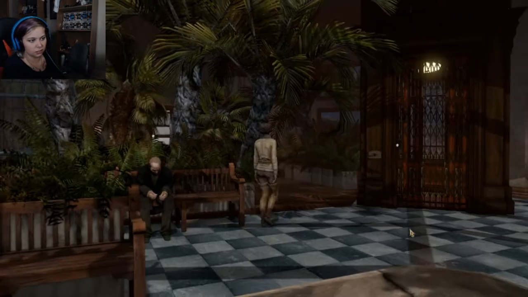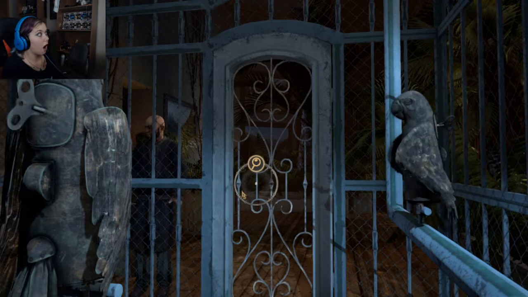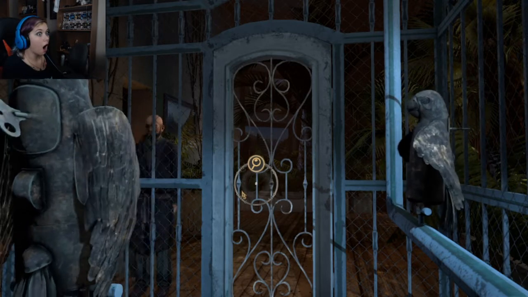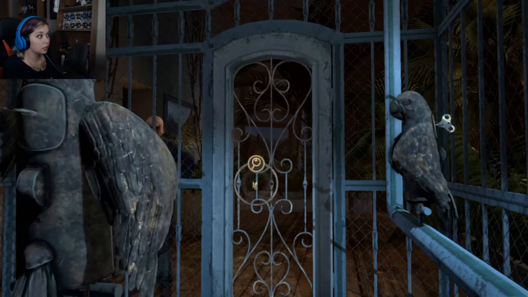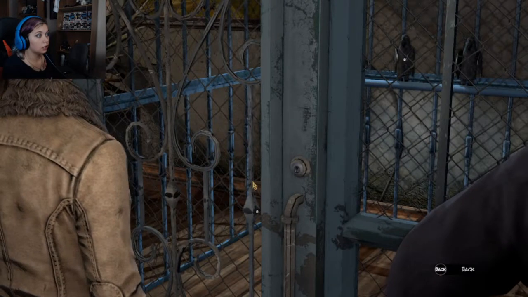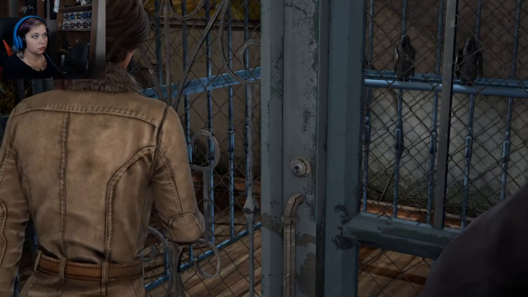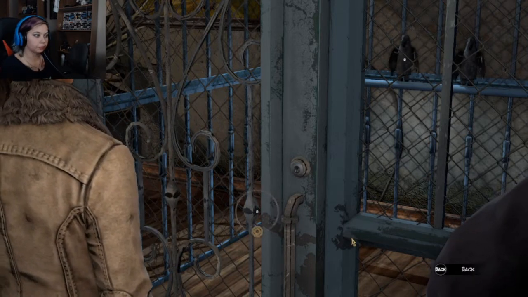So where do I start looking for this key then? Is that the aviary? They're automatons. It's locked. I still have something in my eye.